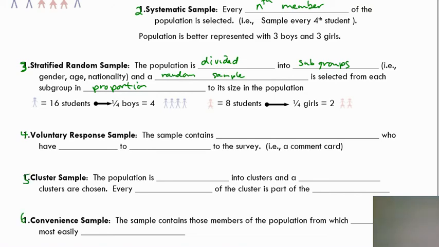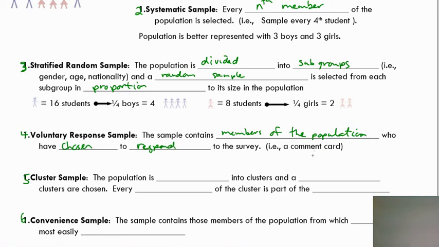Okay, our fourth example is voluntary response sample. A voluntary response sample. This sample of people contains members of the population who have chosen to respond to the survey.